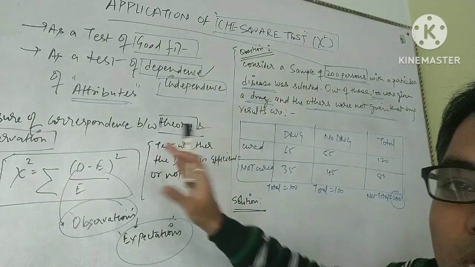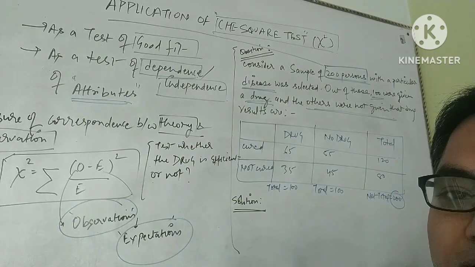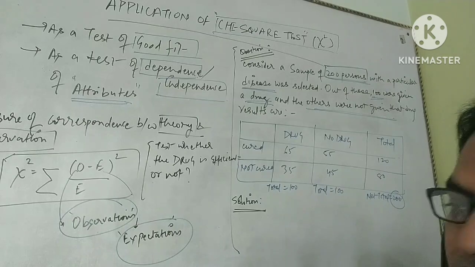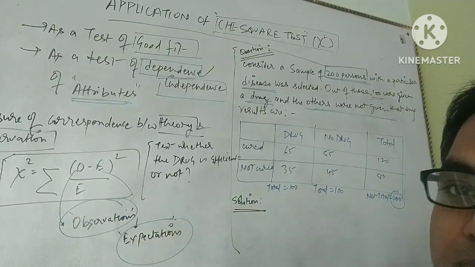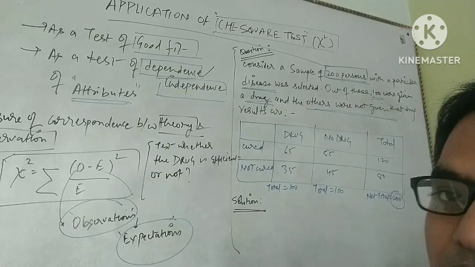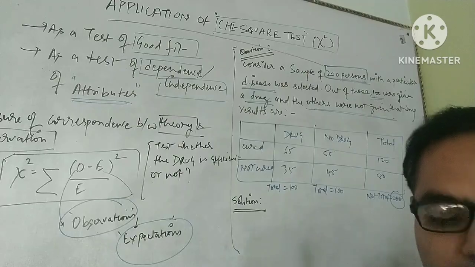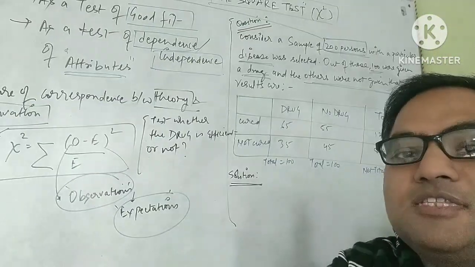The question is based on chi-square test hypothesis. The first thing to elaborate is what a chi-square test basically is and what its purpose is.